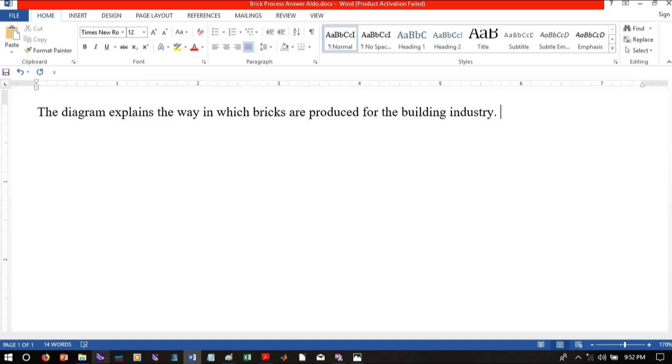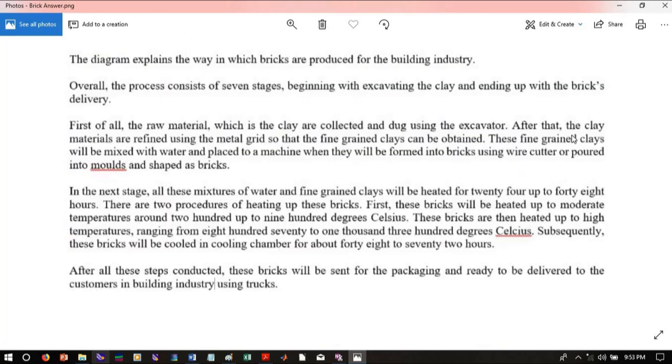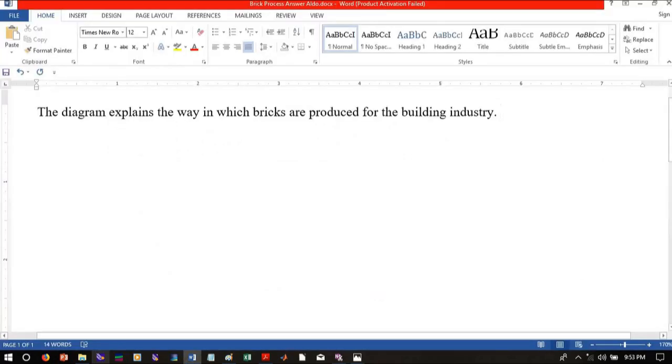In the overall we can say how many stages we see to make the brick. We can see it from the graph. So this is the graph. Now as you can see, there are 1 2 3 4 5 6 7, more or less 7 stages.